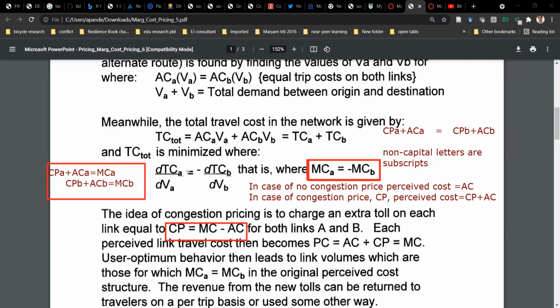Okay, so with this equation, CPA plus ACA equal to MCA, you can derive what your CPA ought to be, what your congestion price has to be.